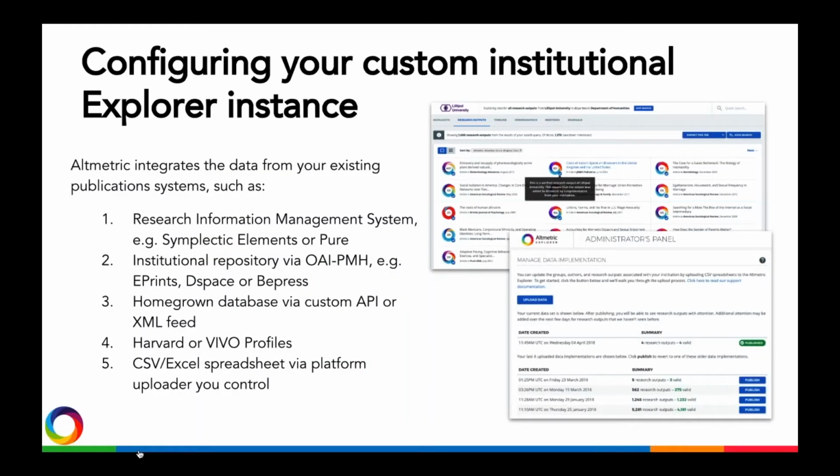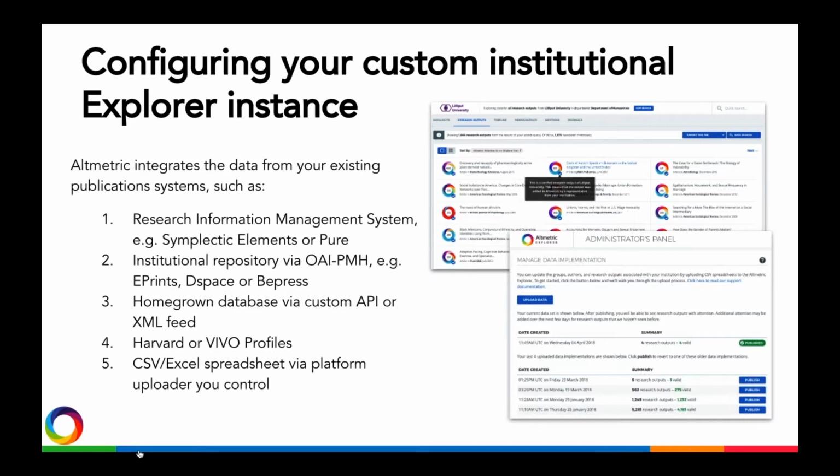And the way that we can do this, we have a couple of different methods. Basically, when we create your institutional dashboard, we integrate with an existing publication system. You heard University of Michigan talk a little bit about that integration with Symplectic Elements. So that's one way that we can pull that publication data from you directly. We support lots of different research information management systems.